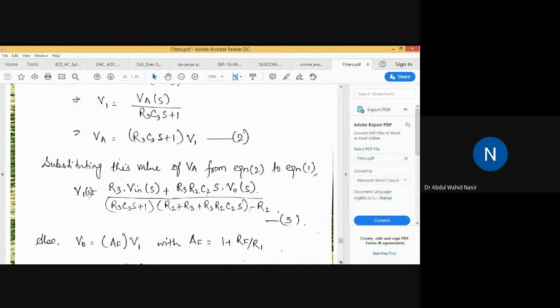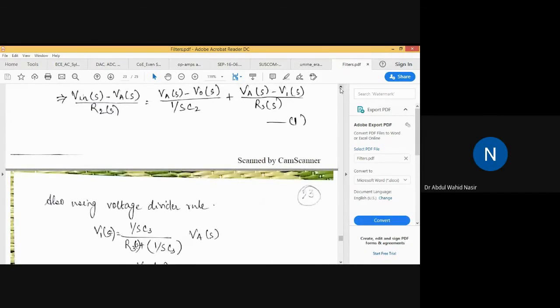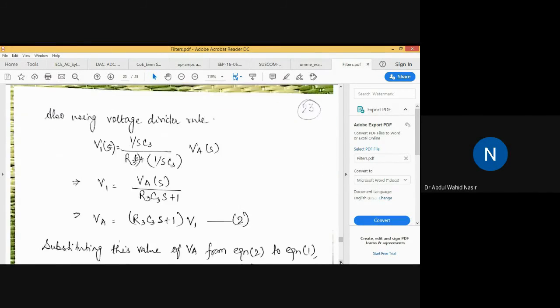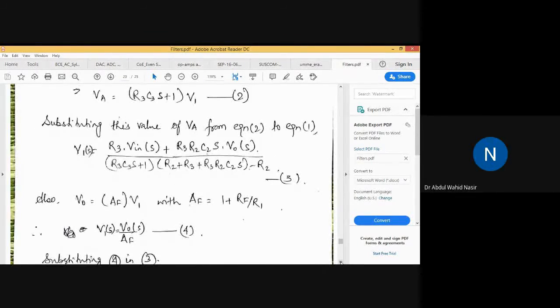Now you substitute this value of VA from equation 2 into equation 1. What is equation 1? Equation 1 is that current equation. So you substitute equation 2 into equation 1, and you will end up with equation 3 as shown here.